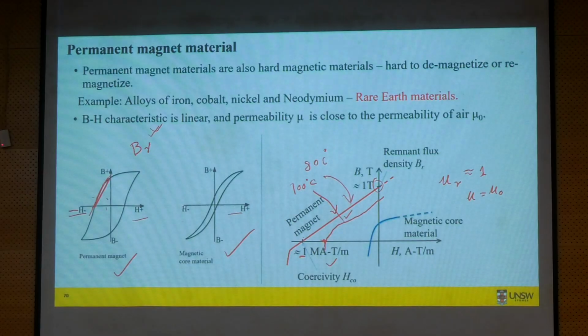That's why for magnet motors, the temperature of the magnet is very important. If it operates at a higher temperature than recommended, your demagnetization risk increases as well.